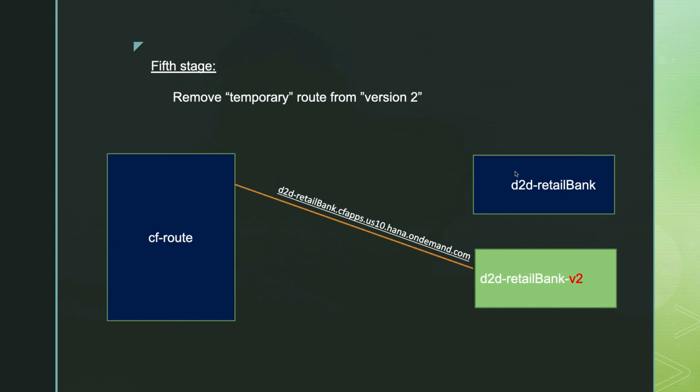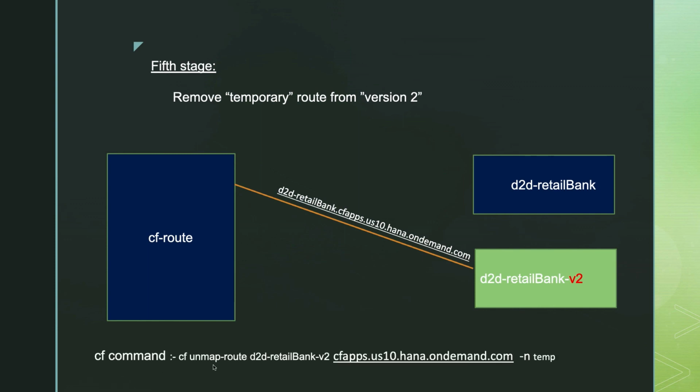But at any stage, if we have any error in the new version, we can easily roll back to the old version just by mapping the original route to the old version again. And this is the command: map-route and the application name, domain name, and the host name.